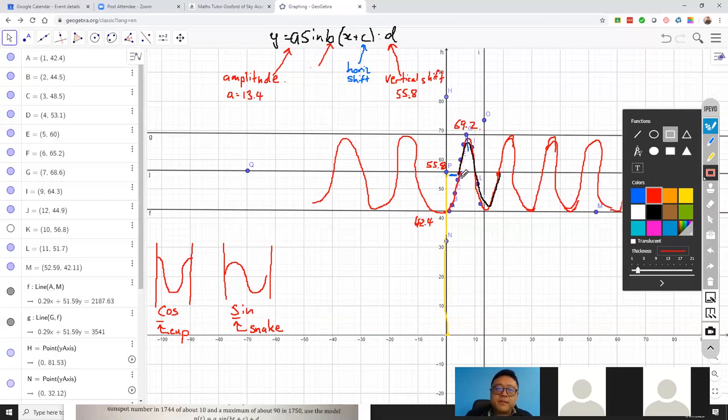Okay, so we're basically shifting this curve to the right by 3 months. Got it? Okay, so what would that be here? What's the horizontal shift then? 3. But if we're shifting it to the right 3, is it plus or minus?